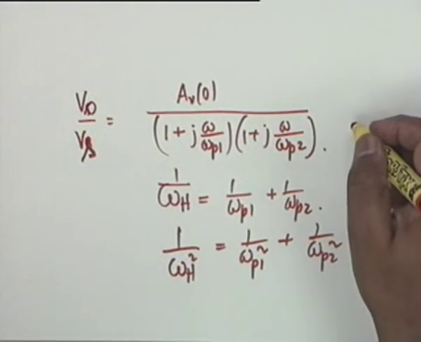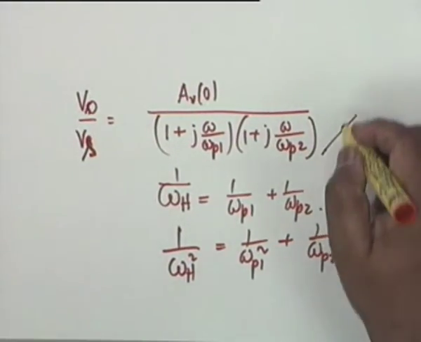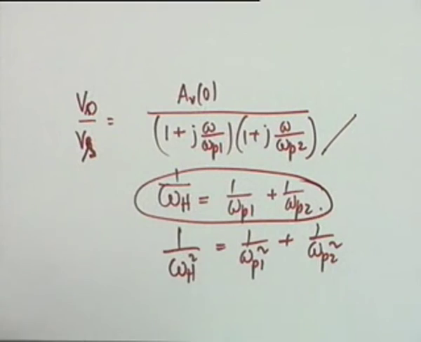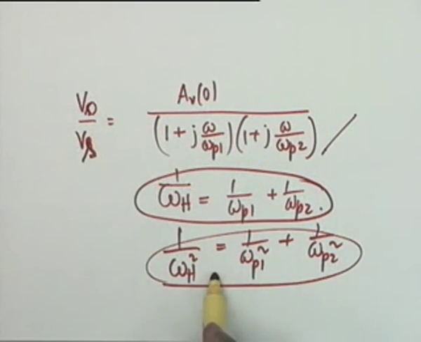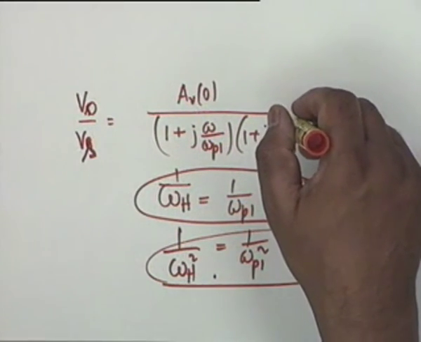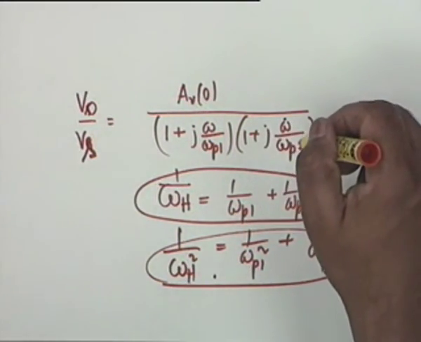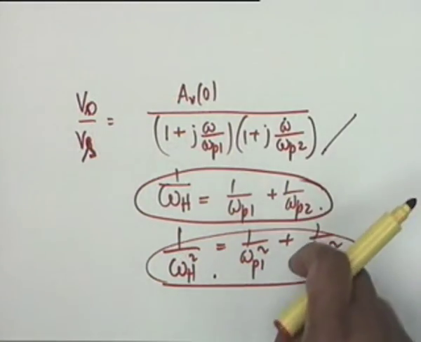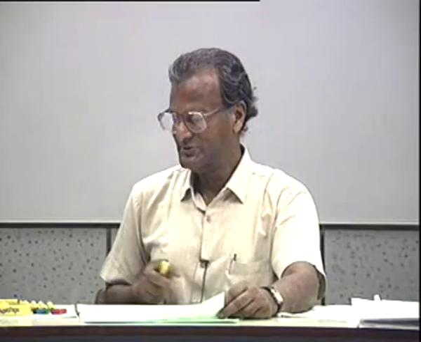You can find it out by 3 different methods. One is analytical. This is also correct. This is the method of open circuit time constant. Don't let me make a mistake. And this is the expression, an approximation derived from the exact expression. Next time, we shall take an example and compare these 3 figures and see which one is more correct.